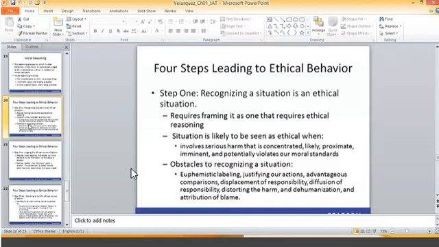Then the next step is, when we frame the thing, there are things that might influence our judgment. In step one, they call it obstacles in recognizing a situation. Obstacle means a barrier, something that will give some kind of uncomfortable ideas on our judgment later on.